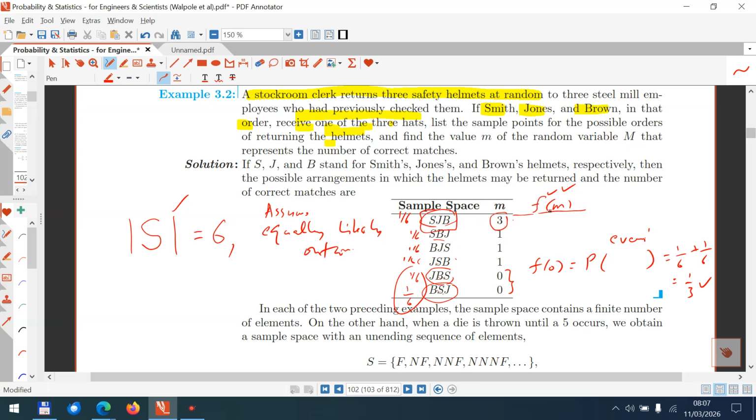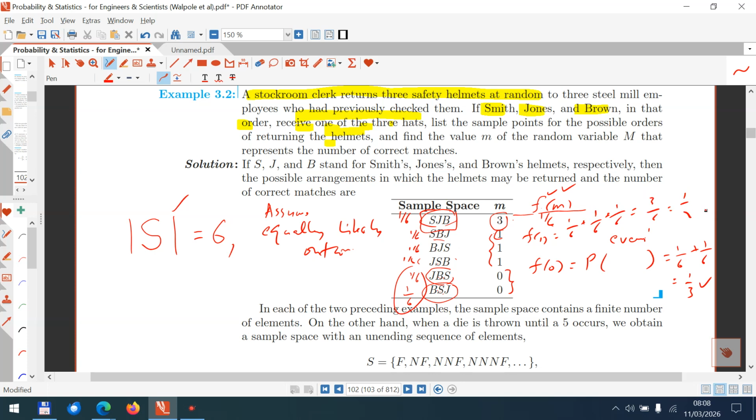So f of 3 will simply be 1/6 because there is only one point. On the other hand, m equal to 1 has 3 points, so you add 1/6, 1/6, 1/6. So f of 1 is 3/6, and that is 1/2.